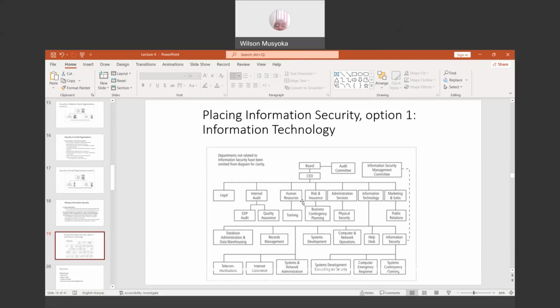And the chief information security officer or the information security technology management is going to be connected directly to this committee, so that even though it is at this lower level, it can always connect to the top management level. That is why this line is dotted, meaning that this person still needs to manage this team and report to the chief information officer, but at the same time, has access to the top management level.